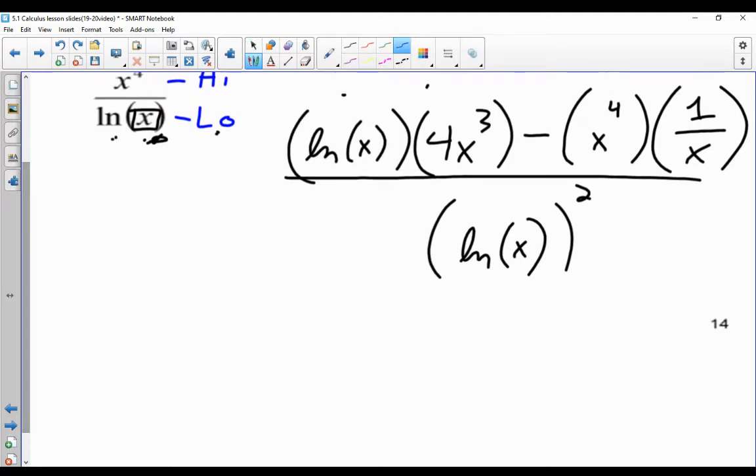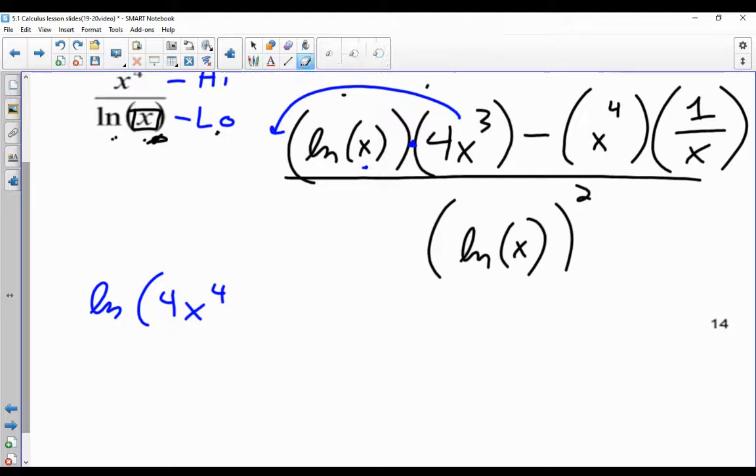So here we have natural log of x times 4x cubed. Now, again, you cannot multiply that to get 4x to the fourth. The x is with a natural log. The 4x cubed is not. So that can only be multiplied to the front. It cannot be multiplied with the x.